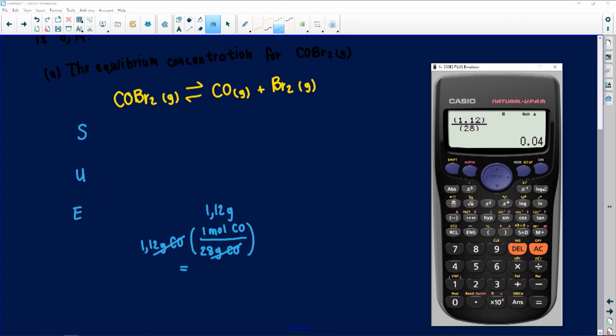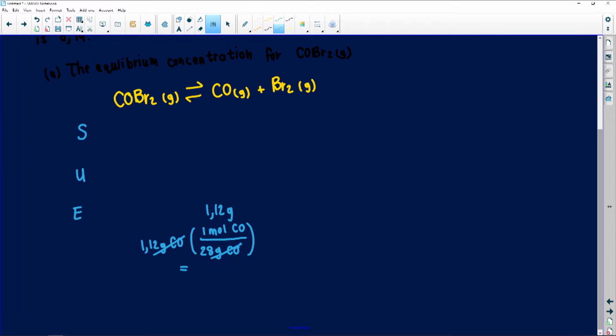Remember to always press SD so that we can work with decimals. I get 0.04 moles. Now remember, that's the SI unit there. I'm left with moles of CO. So now we've actually converted the grams to the moles.